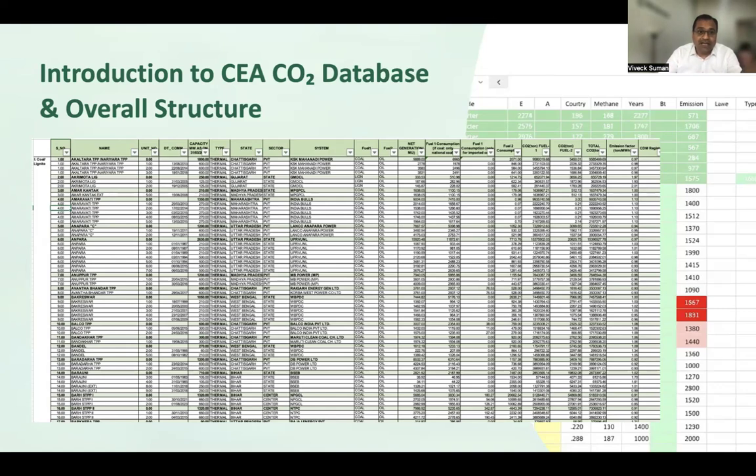First, it will tell you which thermal power plant we are talking about, which kind it is. So if you see the first column, it is coal and lignite. And then you have the serial number of the thermal power plant we are talking about. And then they will talk about which unit. So there are different units there, which we'll be looking into.